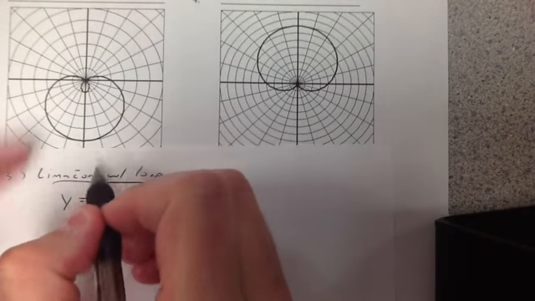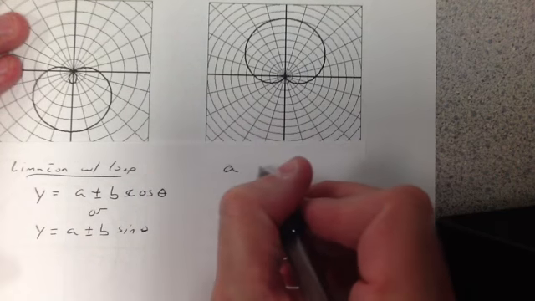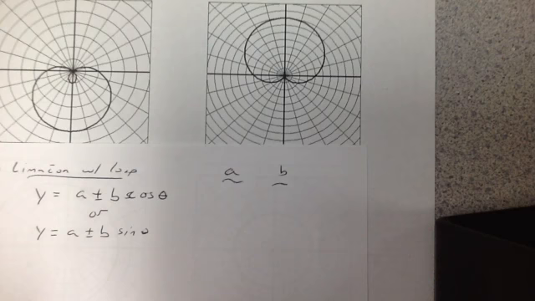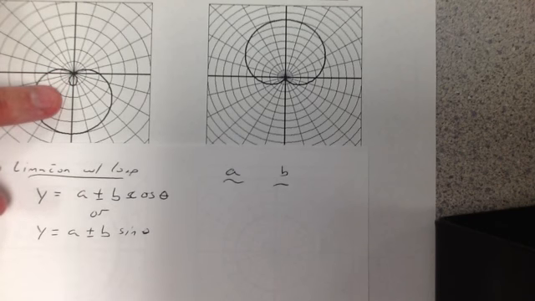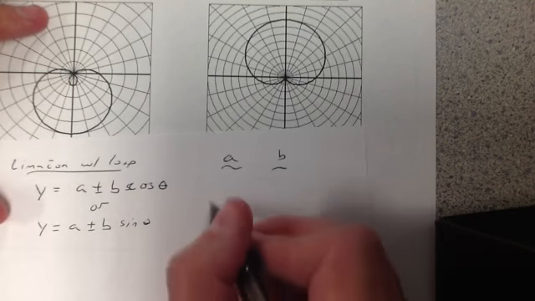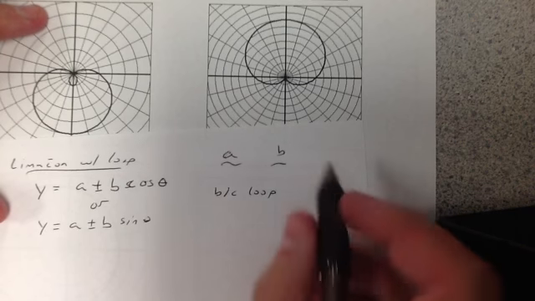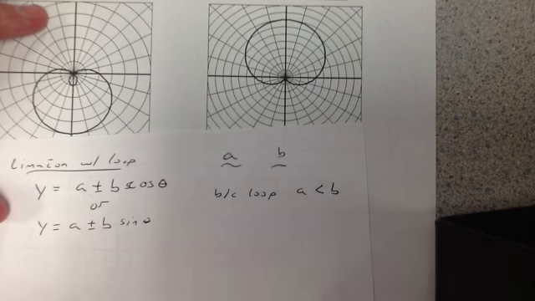To answer this, we need a and b. The first thing I want us to recognize is, because it's a loop, is a greater than b or less than b? Because this is a loop, we know that a has to be less than b. So we know that for a fact.